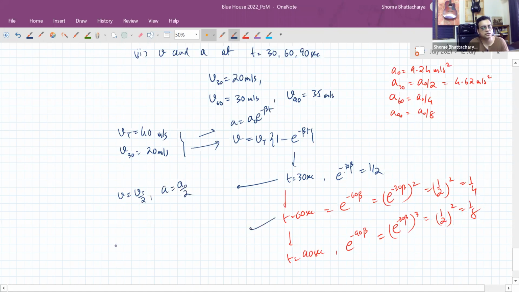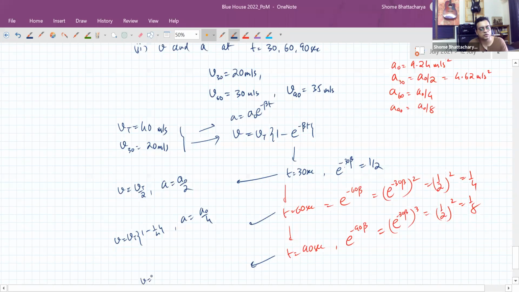But at 60 seconds, your v will become terminal velocity into 1 minus 1 by 4, so 3/4 of terminal velocity, whereas your a will become a naught by 4. At 90 seconds, your v will become terminal velocity into 1 minus 1 by 8, whereas your a will become a naught by 8. Follow that kind of pattern. Just substitute in this formula and answer.